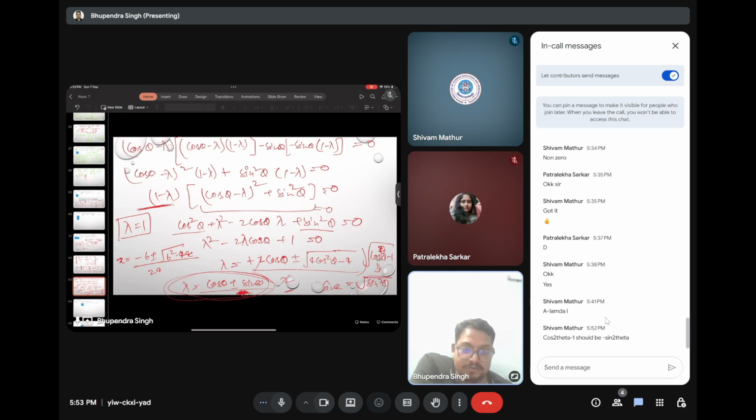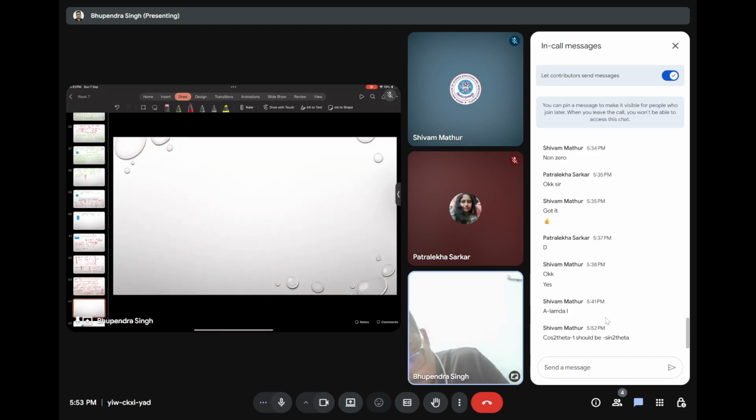Okay, Shivam is saying cos square theta minus 1 should be minus sine square theta. Huh? Is it? Sine square theta plus cos square theta is 1.